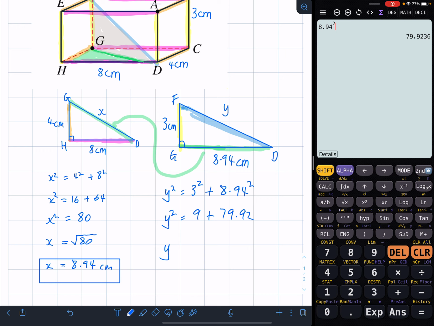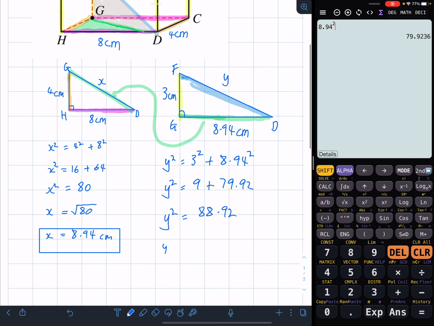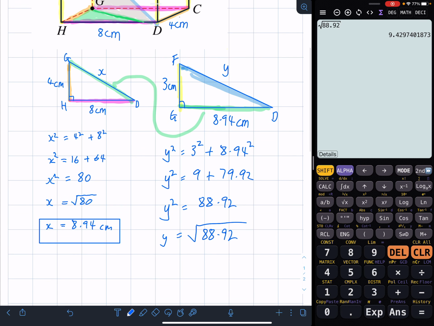So y squared becomes 88.92, and y is the square root of that. Square root of 88.92 becomes 9.43, and we've got centimetres.